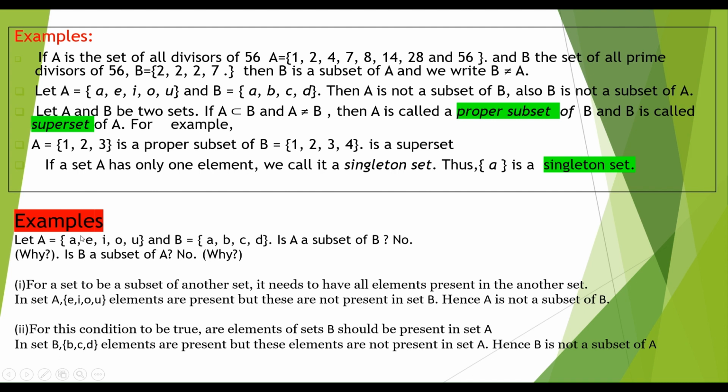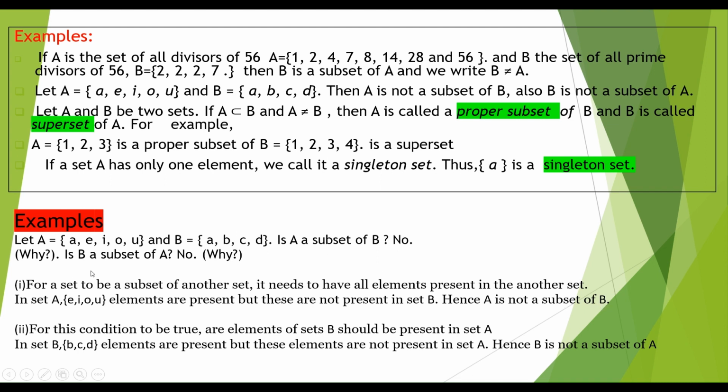In set A, e, i, o, u are present, but these are not present in B, and hence A is not a subset of B.